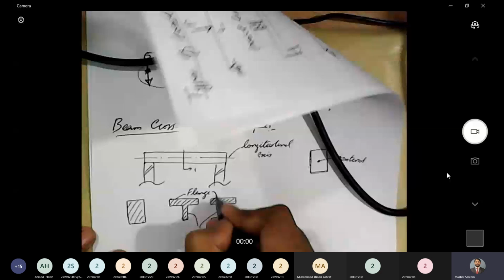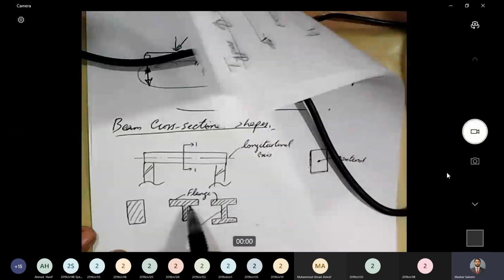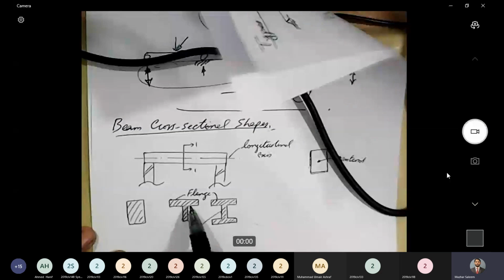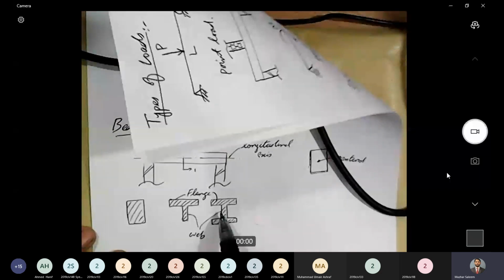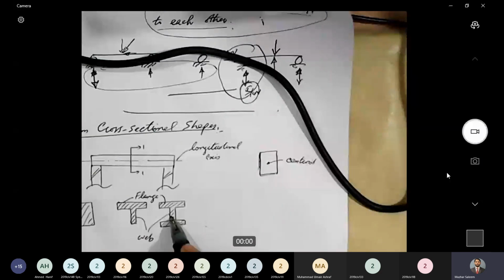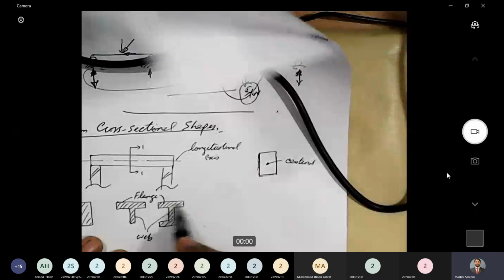So the two horizontal elements of the I section and this one horizontal element are termed flanges, and these vertical elements are termed webs. Web of an I section, web of a T section, flange of a T section and flange of an I section.